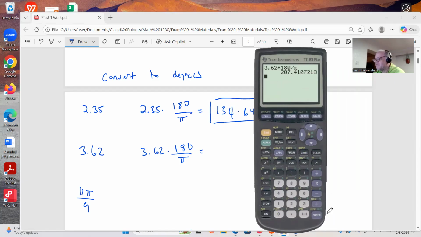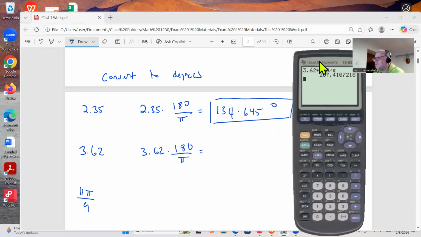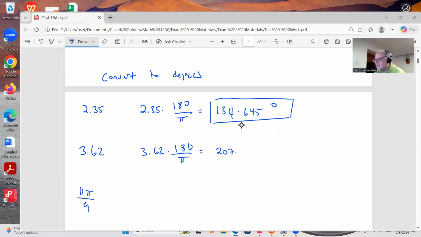Again, we have to go to 3 decimal places. So that's going to be 207.41, and we'll round the 7 up to the next one, so 207.411 degrees. That's rounded to the third decimal place.